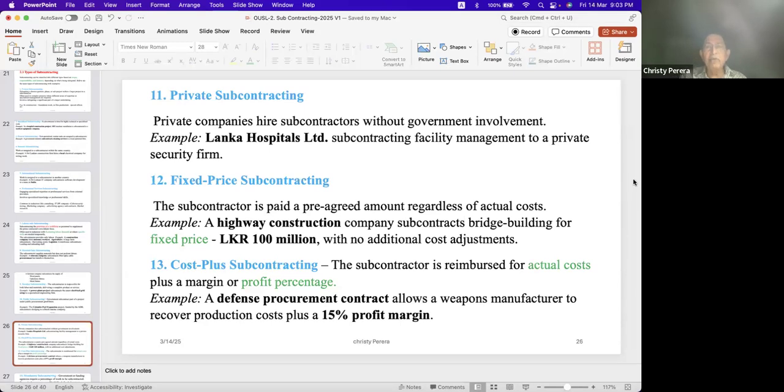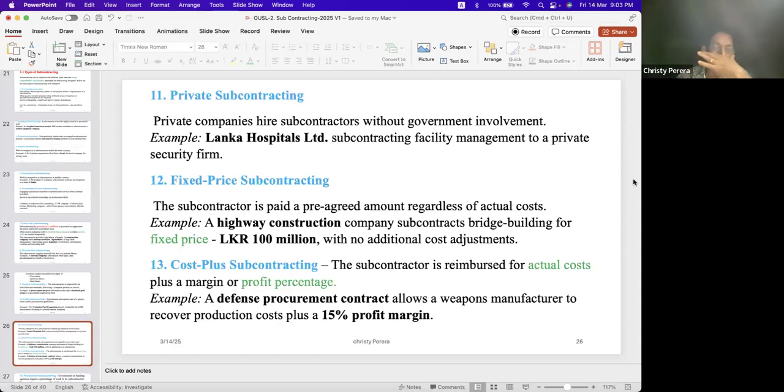So now it has become an SOE, a state-owned enterprise. This Lanka Hospitals also is something like that, a state-owned enterprise. But they don't want to go for a government procedure.